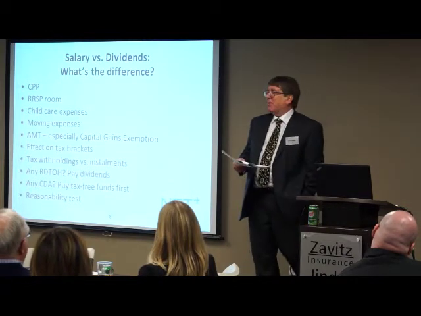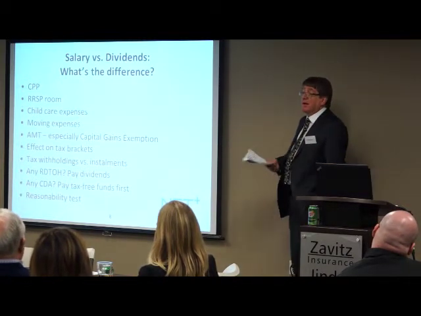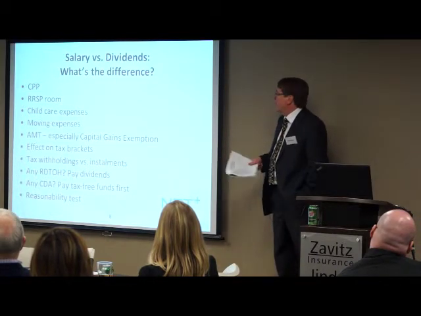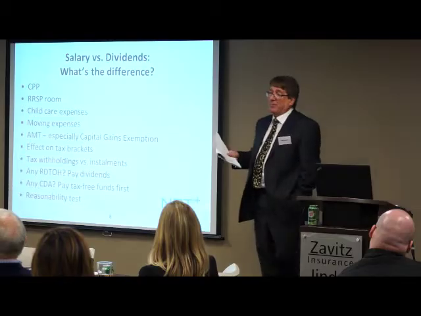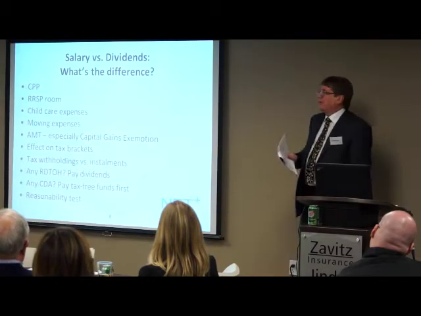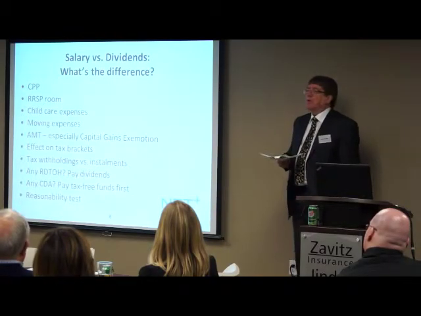So if the lower income spouse for some reason just has dividend income, you can't claim any child care expenses, you lose. So it's situational, but nevertheless it's there. Moving expenses, same thing, can only claim them if you move, and you earn business income or salary at the new location.